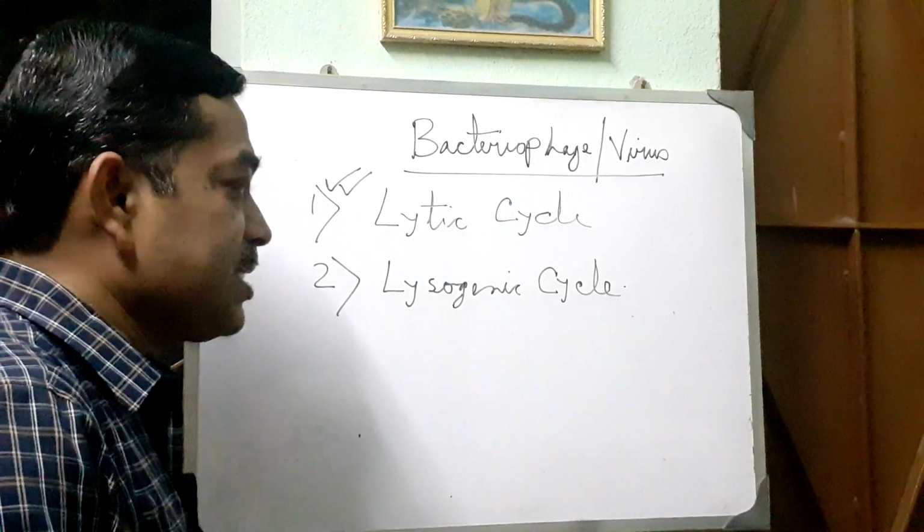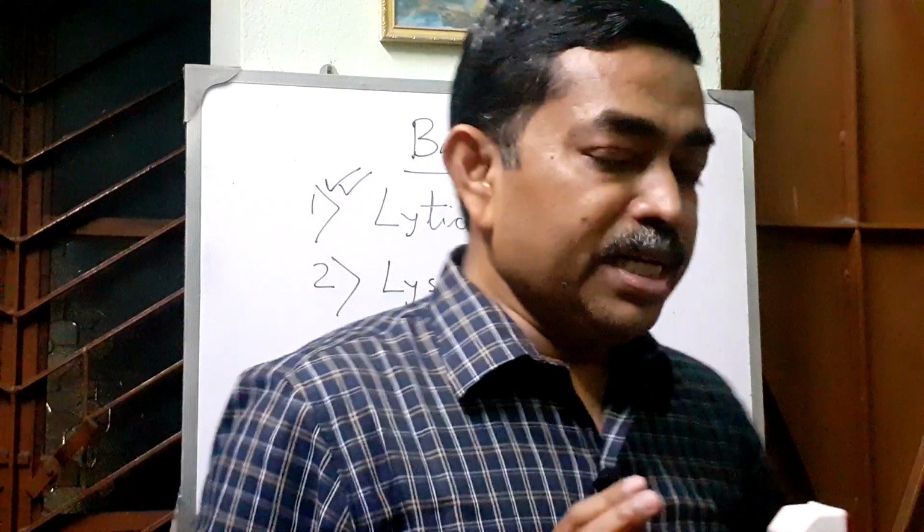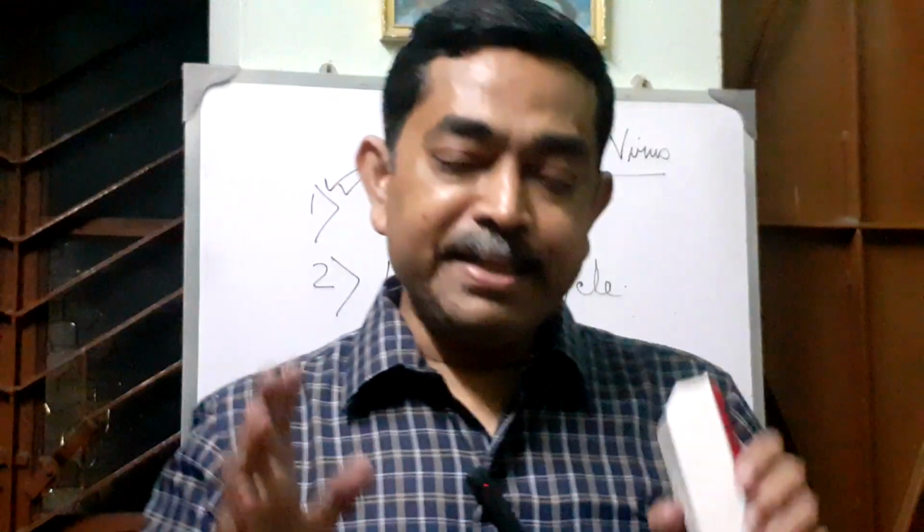So what is the lytic cycle? Generally, bacteriophages attack the bacterial cell and penetrate their RNA or DNA inside it.